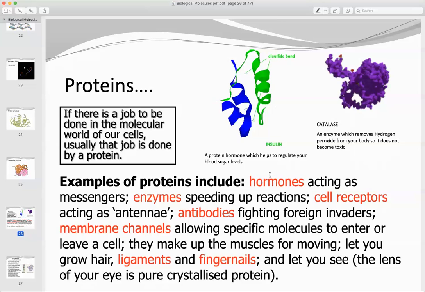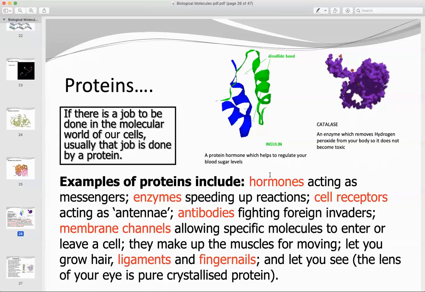Proteins can also function as cell receptors, okay, acting as antennae. So again, they're sending signals, communication between cells, between the cell and the environment, or cell-to-cell communication. Proteins can function as antibodies, and membrane channels, allowing for certain substances to pass through the membrane and get into the cell, to enter or leave the cell.